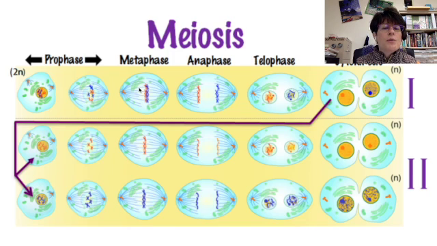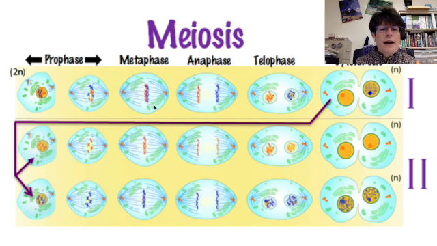So the chromosomes that you got from each parent, the ones from the mother, the ones from the father, are lining up in the middle together, and then those chromosomes are separated. Then the second phase is much like mitosis, where you have them lining up in the middle, then the sister chromatids are separated. So that's how you end up with the 4 cells, because you end up with 2 cells here that then split in the second phases of meiosis. So very similar process, just a little bit different.